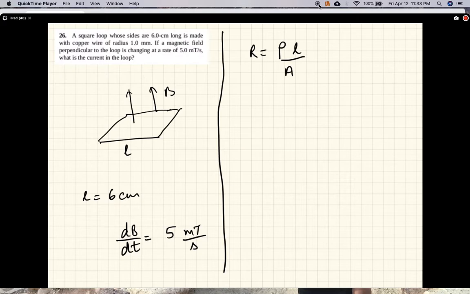Okay, resistivity for copper is 1.68 times 10 to the minus 8 ohm meter.